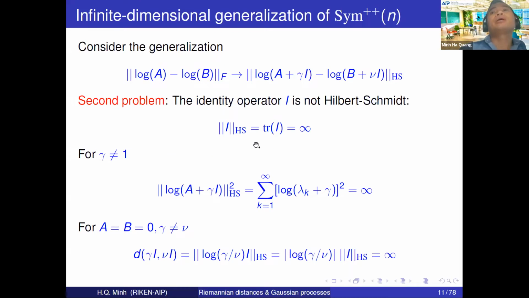With the Hilbert-Schmidt norm, the trace of the identity will just equal infinity. And so if gamma is not equal to 0, then the Hilbert-Schmidt norm of log of A plus gamma I squared will be equal to infinity. In particular, the distance between two multiples of the identity operator will be equal to infinity.